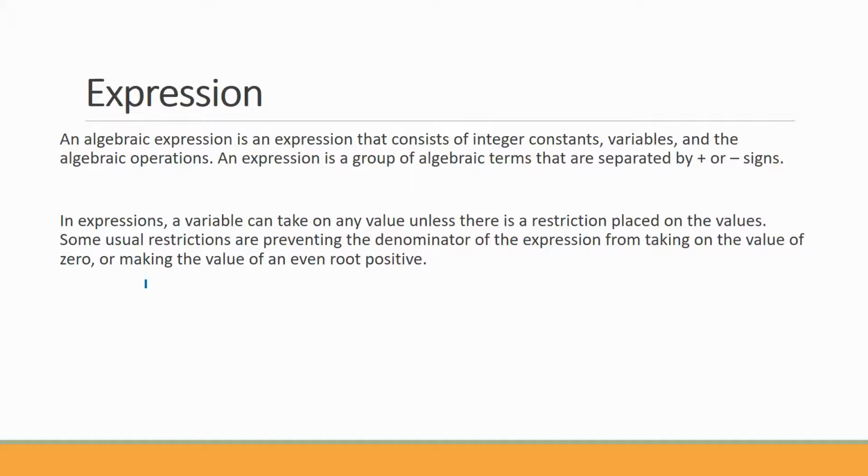So an algebraic expression, most of the ones we're used to seeing are, say, x squared plus 3x minus 4. We're normally used to seeing quadratic algebraic expressions. You could even have 5x cubed out here.